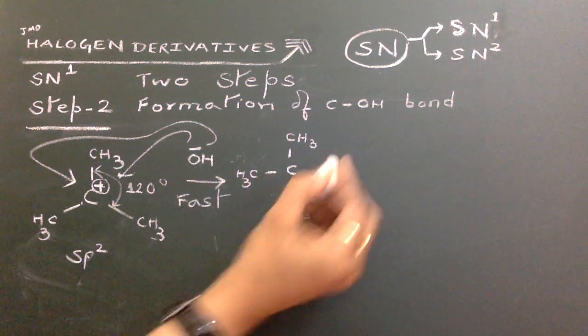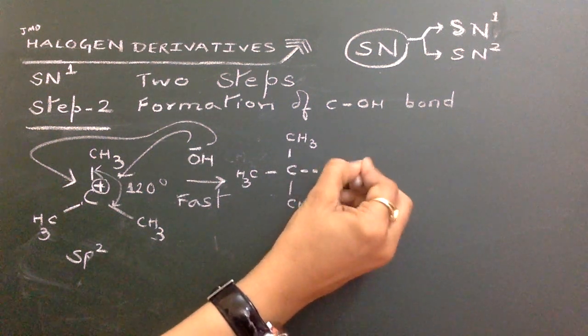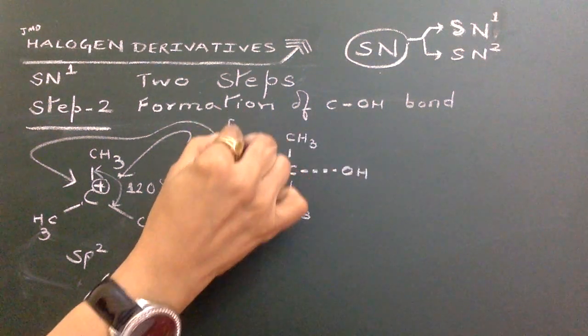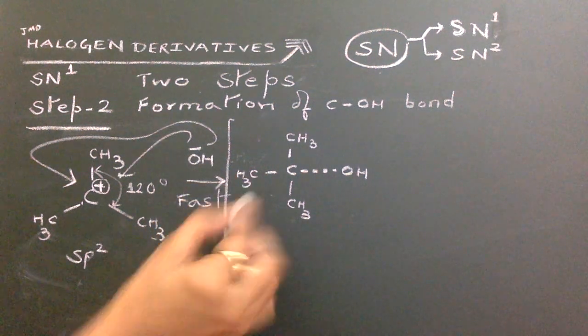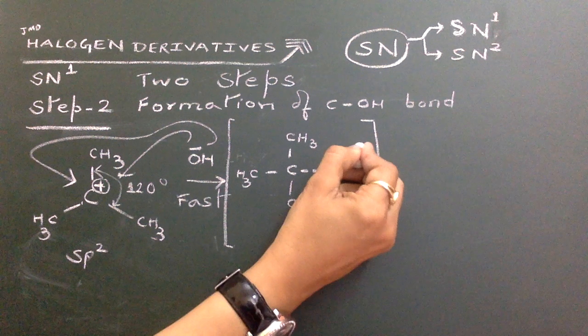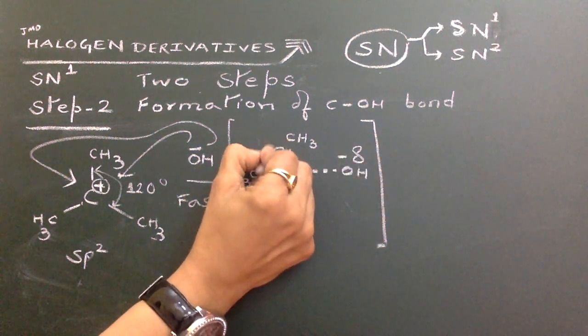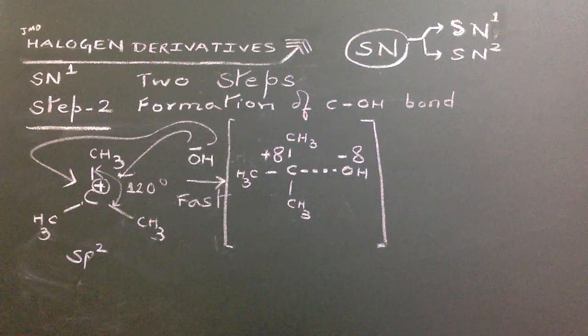That is, the process is going on for the formation of the C-OH bond, which we are indicating with the broken line. It is not a broken bond. The bond is not breaking, the bond is getting formed, but it is happening partially and slowly.